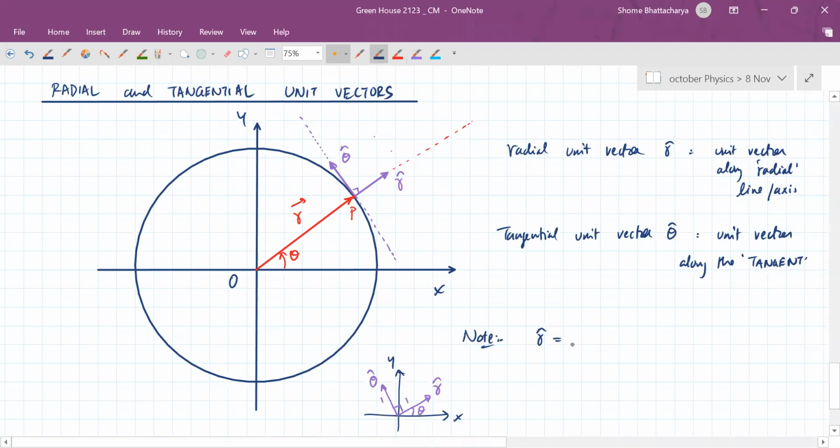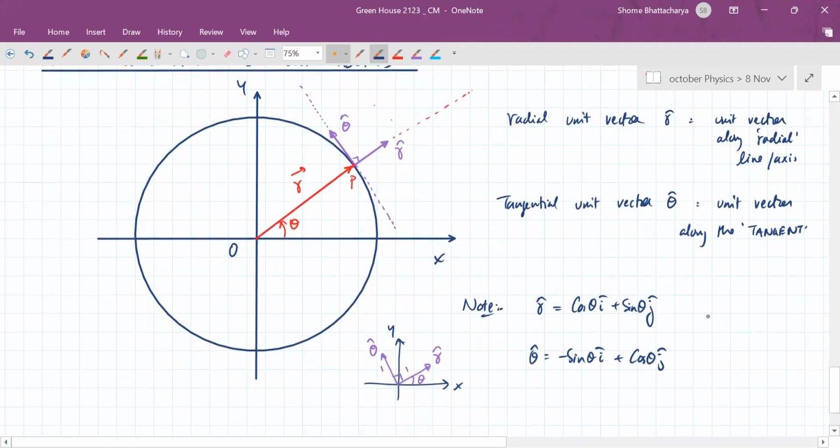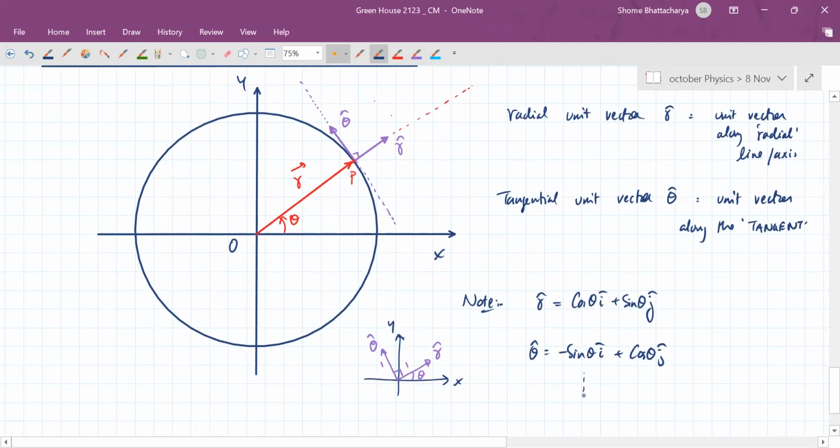So r cap is given by the formula cos theta i cap plus sin theta j cap, which you'll get when you resolve it, and theta cap is given by minus sin theta i cap plus cos theta j cap. You can see that this one is actually cos of 90 degrees plus theta, and this one is sine of 90 degrees plus theta. So that's how we get these.